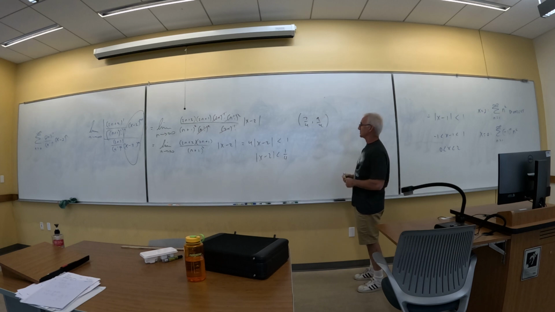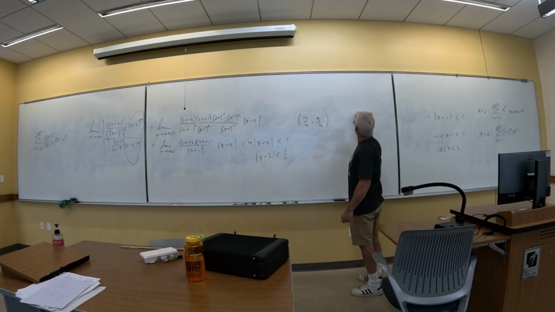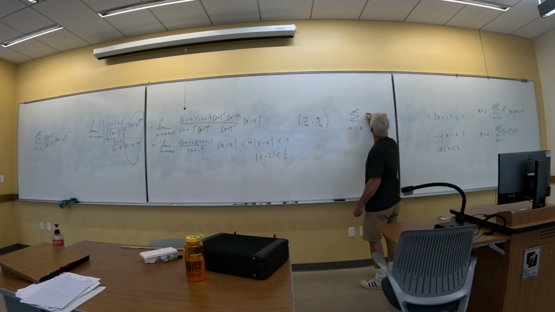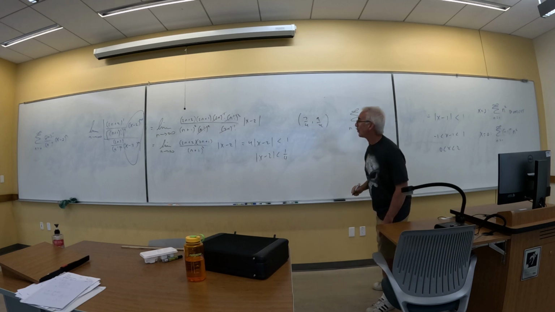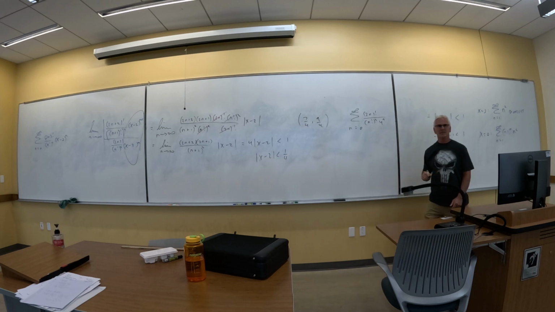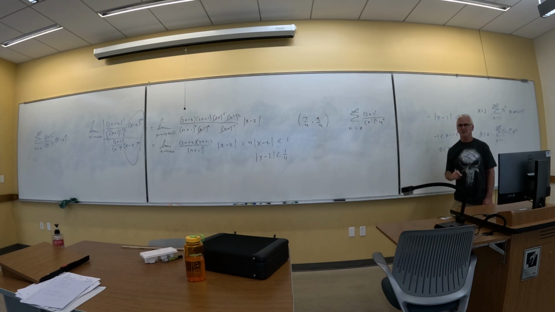Which one should I do first? 9/4. We should do 9/4. So if I do the 9/4, which is the sum from 0 to infinity of (2n)! over (n!)^2, and then I would have 1/4 to the n. So could I just write it like that? Would that work?